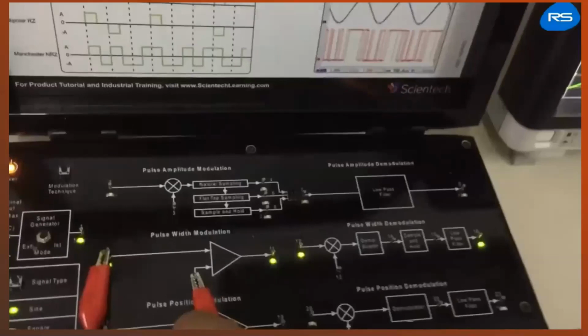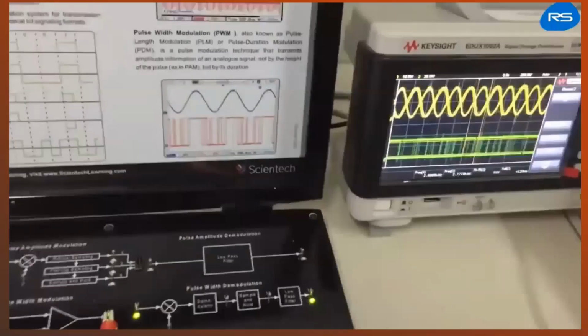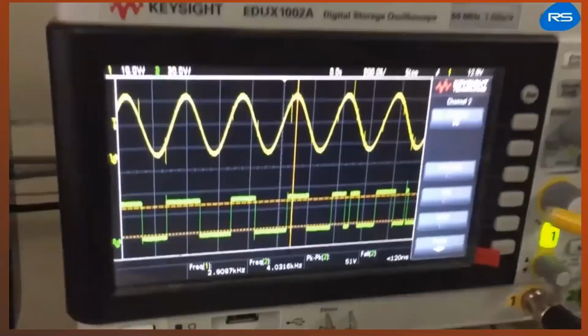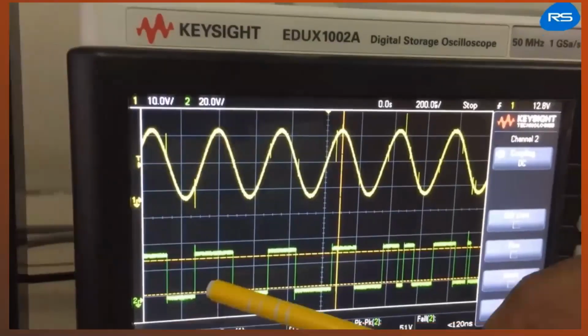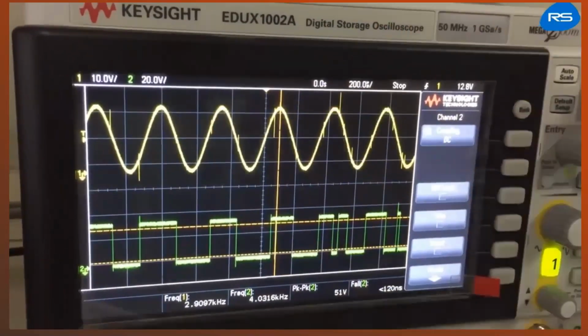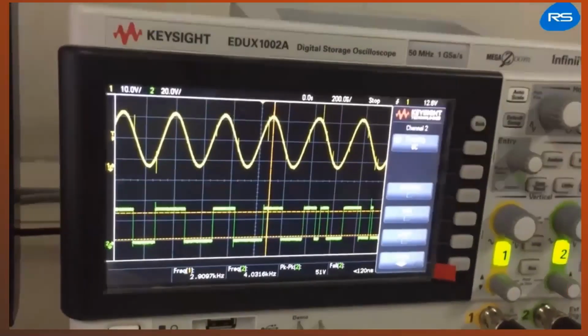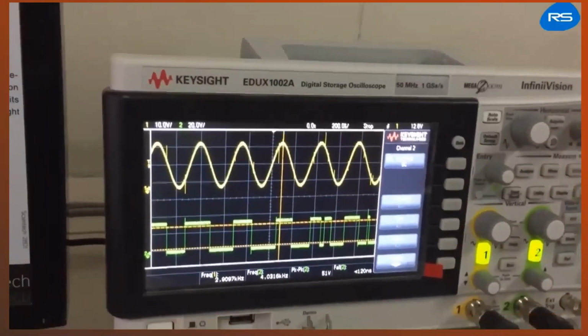The output of the pulse width modulator can be seen at point number 11, which is displayed like this. You can observe that the width of the pulses is varying in accordance with the master signal. So in this way we have observed pulse width modulation.